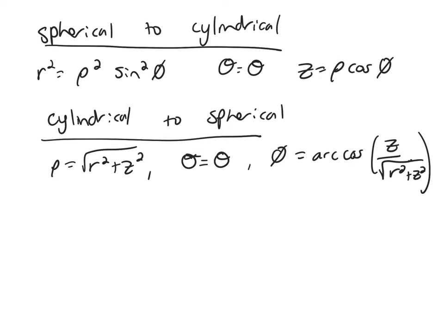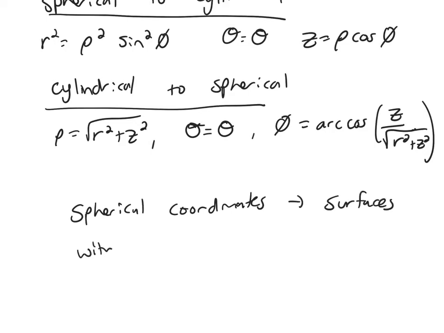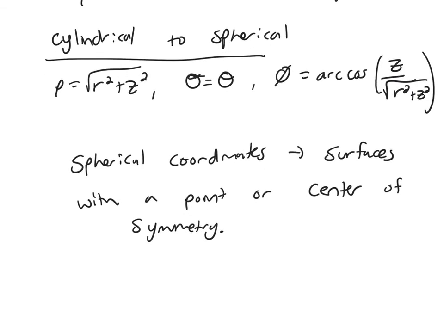So let's mention why you would want to have spherical coordinates. What are they useful for? Again, the name kind of gives it away. Spherical coordinates are useful for surfaces with a point or center of symmetry. So, for example, a sphere.